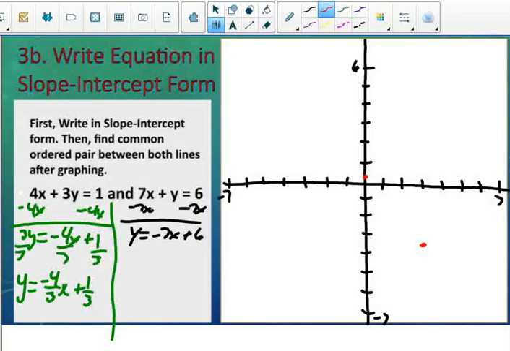I can do my 1/3 plus 4, or 12 thirds. 12 thirds plus 1/3 gives you 13 thirds. 13 thirds would be a little over 4. And then to the right 3. We'll be about right there. So now you can draw our line.